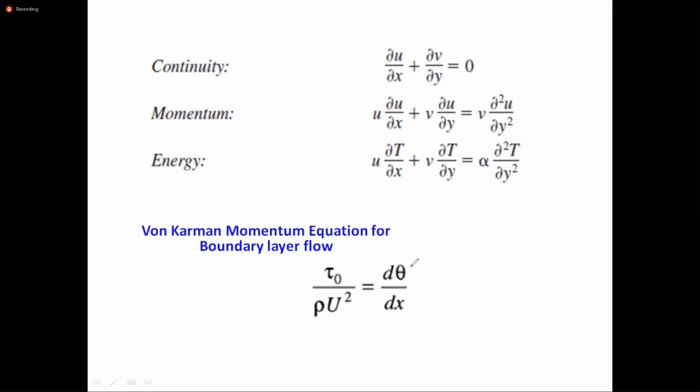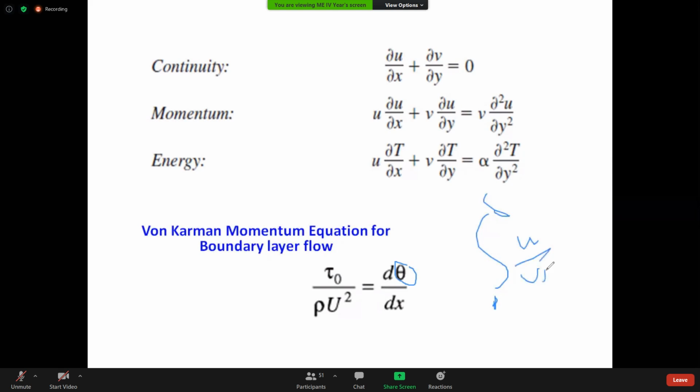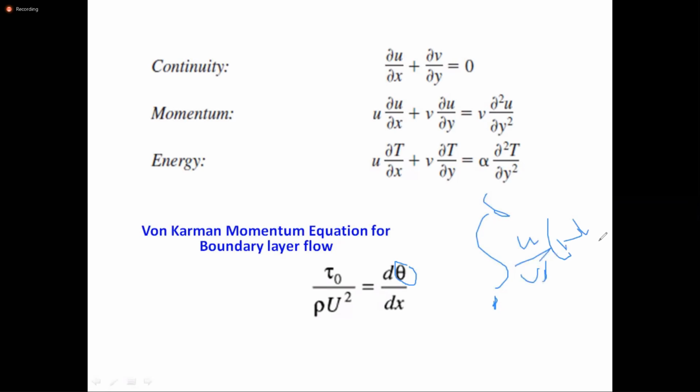So this theta is the momentum thickness. Substitute the momentum thickness, integral from 0 to delta of u by u infinity into 1 minus u by u infinity, dy. In place of u by u infinity, using this equation we have to solve with the help of the boundary conditions.